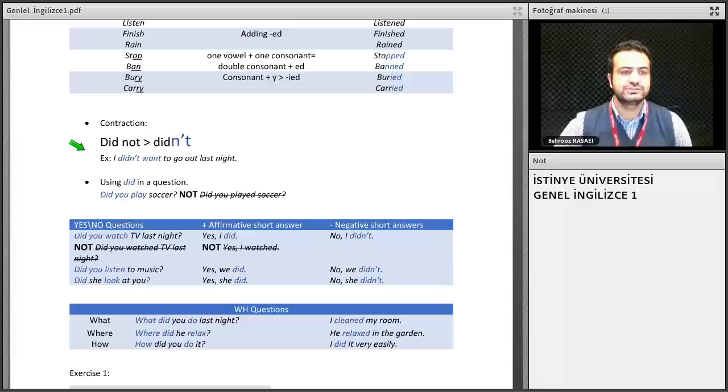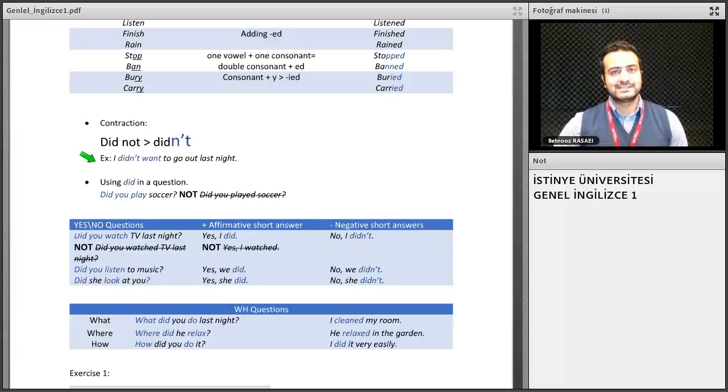For contractions, we have did not and didn't. So, did not, didn't. But what is it? When you want to make a past sentence negative, you need to use didn't. So, just like here, I didn't want to go out last night.